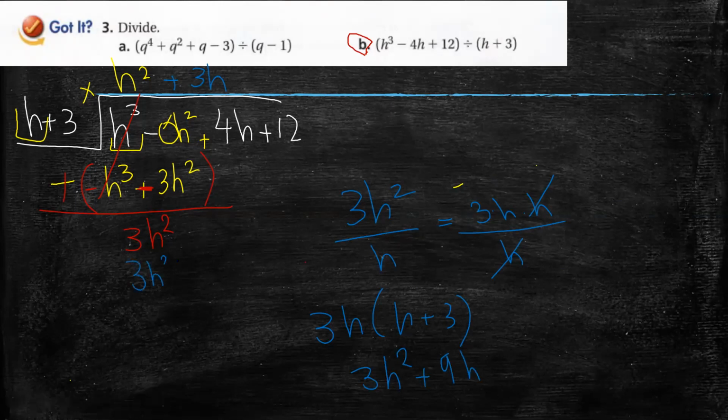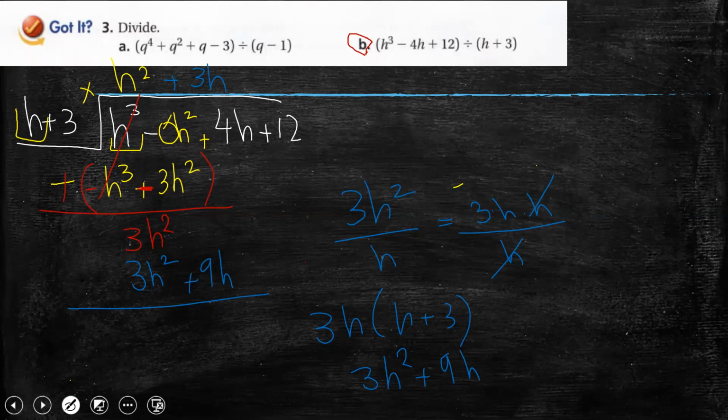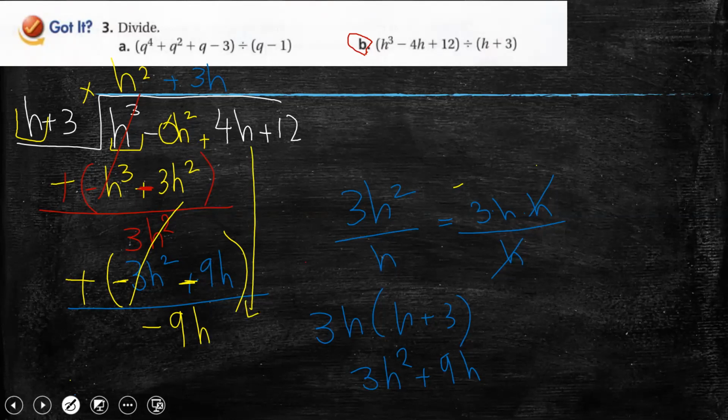Let's write it here now. Then what do you have to do in the next step? You have to subtract. So subtract, that means change the sign here and the sign here. So it is 0, cancel it, minus 9h. Then write this negative 9h down, then add 4h. What did you have now after you add it?